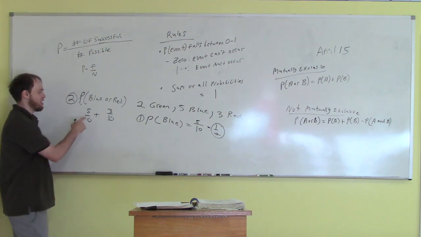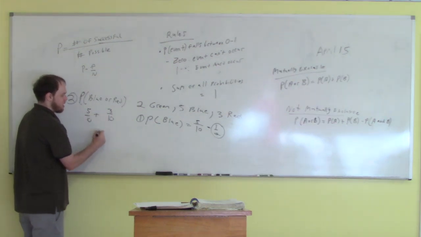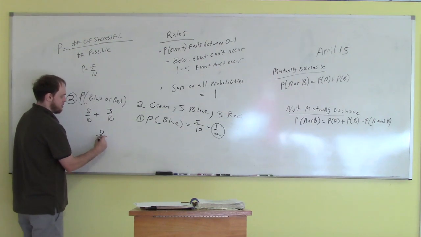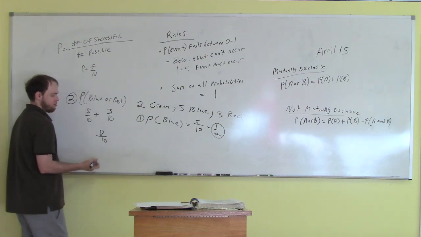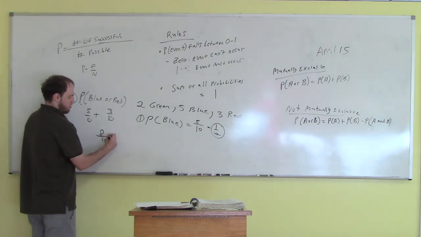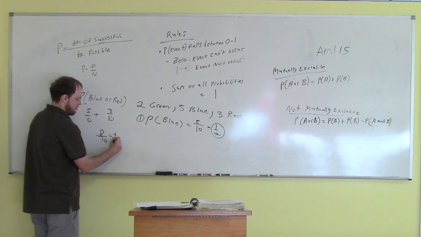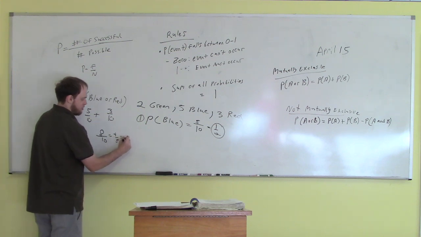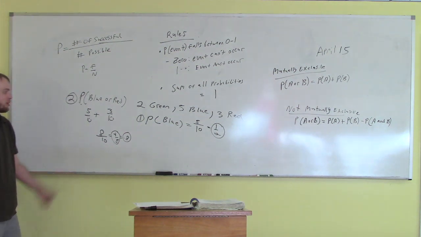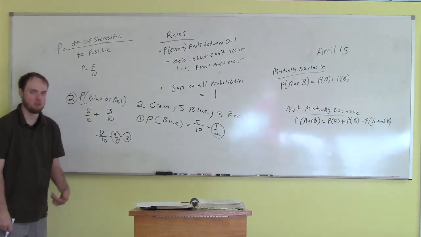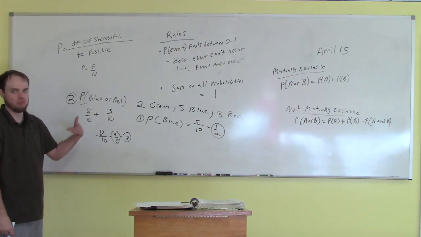And so I'm just going to add 5 plus 3. That's 8 over 10, which would reduce to 4 over 5, or 0.8. So any 4 over 5 or 0.8 would work. So the probability of choosing a blue or a red marble was 4 over 5 or 0.8.